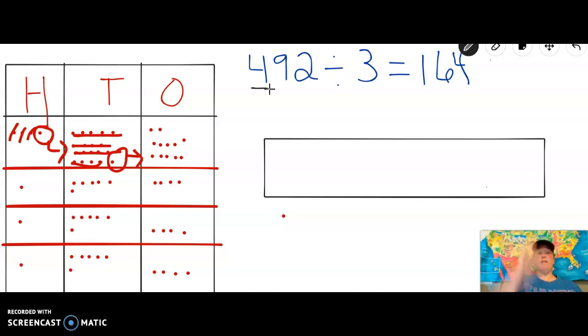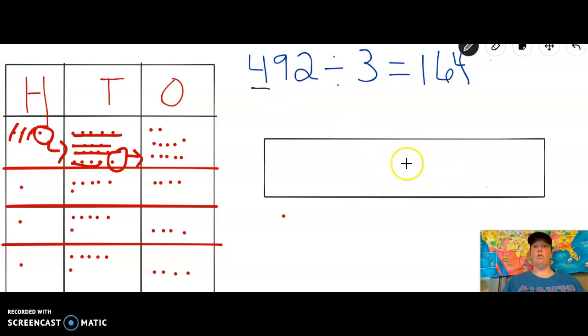So basically, we have 492 in our whole area. We know we can say this side is 3. So 3 times what? So we want to know 3 times blank equals 492.